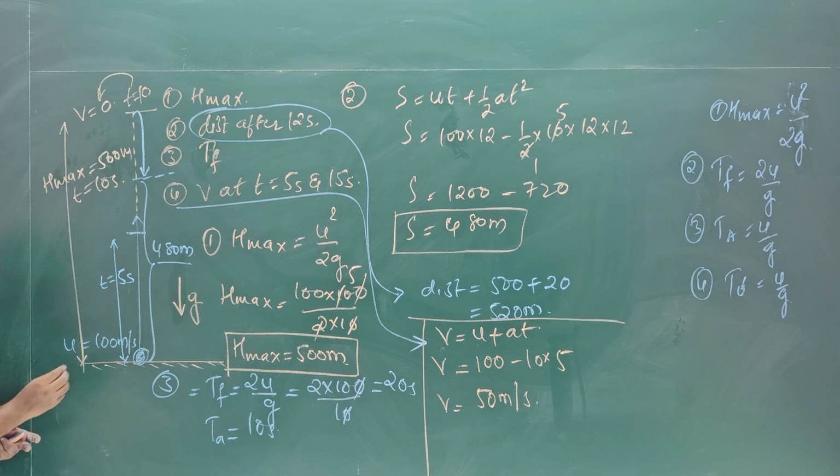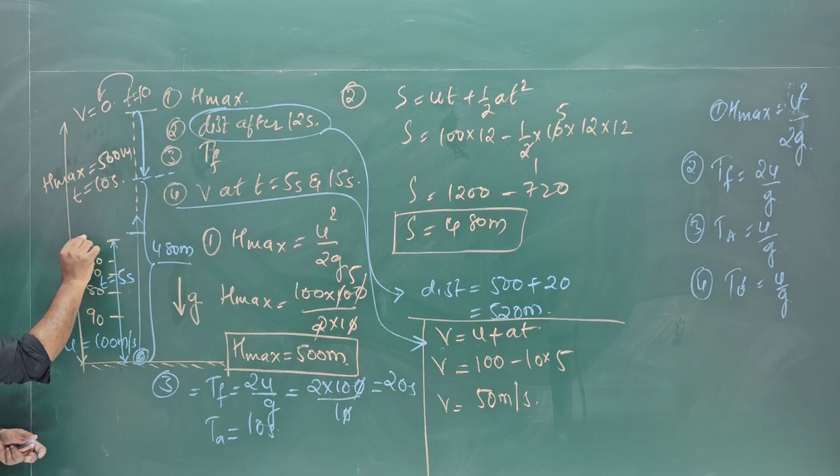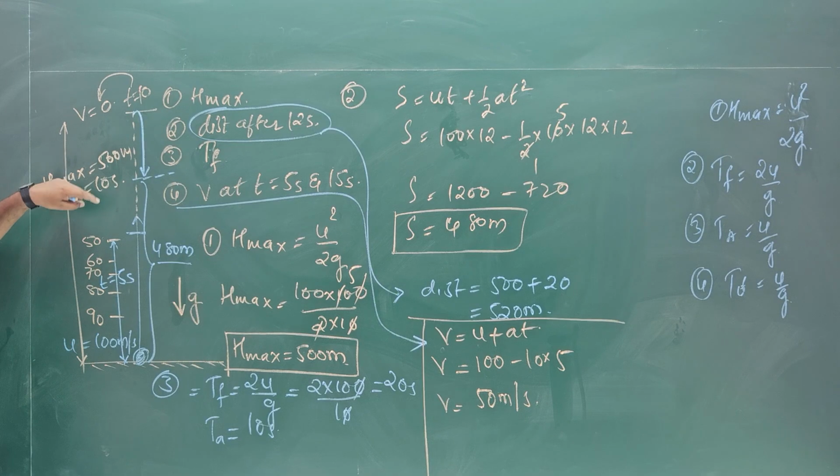Decreasing the velocity. After 1 second, 90. After 2 seconds, 80. After 3 seconds, 70. After 4 seconds, how much? 60. After 5 seconds, 50. Similarly, decreasing by 10 meter per second, the velocity at the height h max will decrease to 0 after 10 seconds only. Yes or no? Okay.